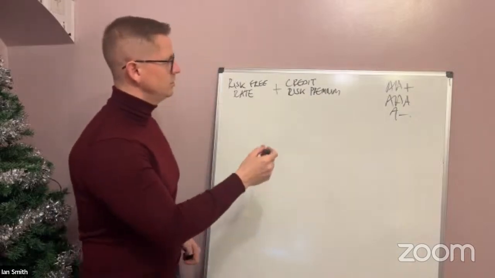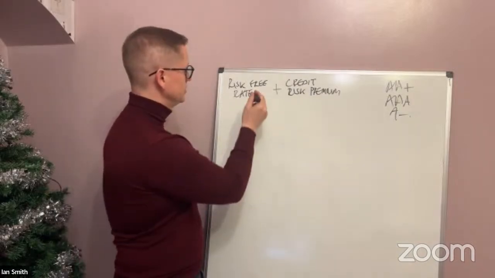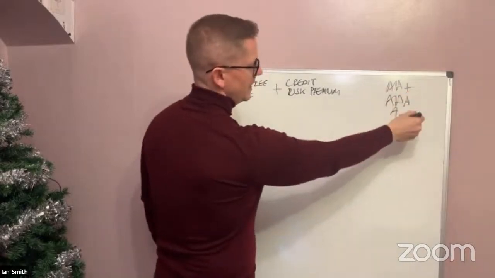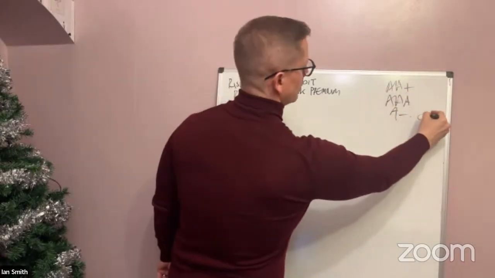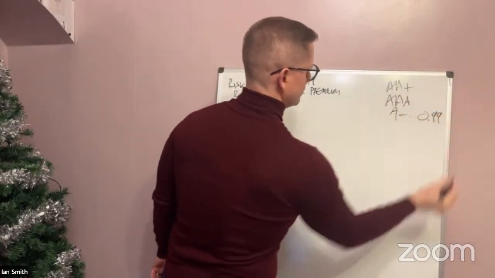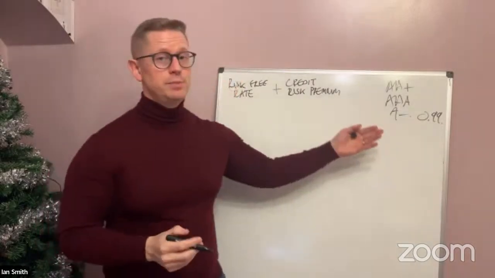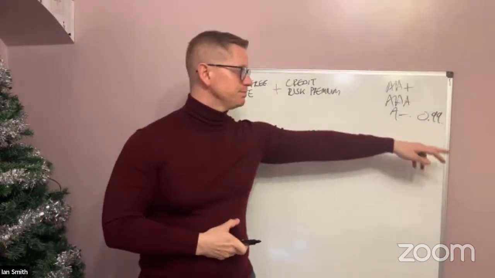And they will give you a debt premium to add to the risk-free rate. So, for example, A minus might be 0.99% or 1%. So these are basis points.